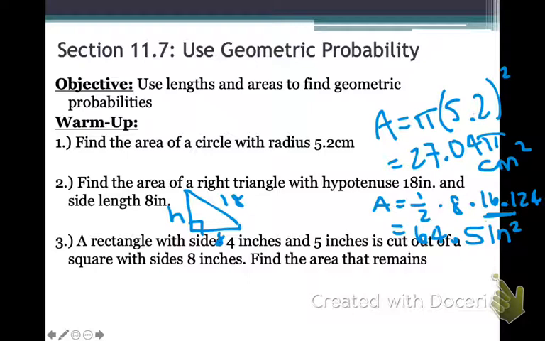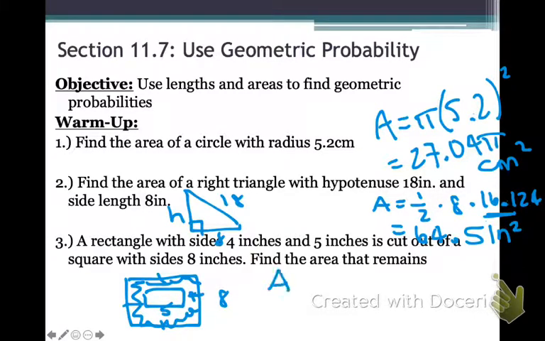All right, number 3, I have a rectangle with sides 4 inches and 5 inches that is cut out of a square with sides 8 inches. Find the area that remains. Okay, so we have a square here that are all 8. And inside, I've cut out a 4 by 5. So what I want to know is, what is this in here, that area?